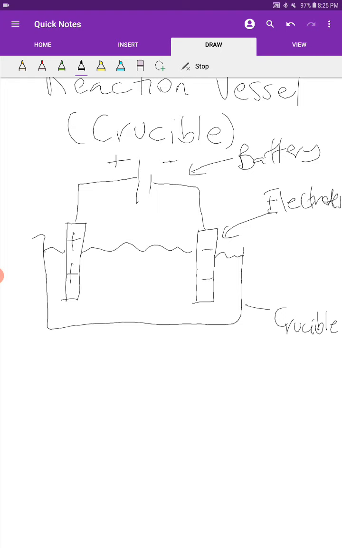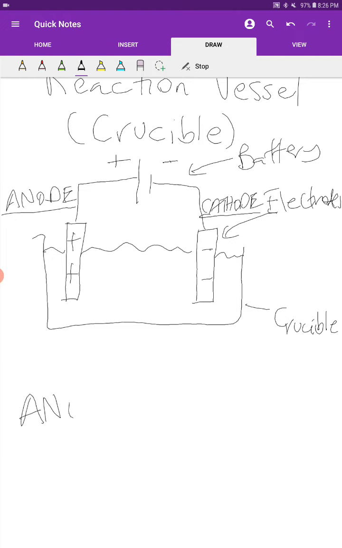The positive electrode has a special name. It's called the anode, and the negative electrode is called the cathode. Alright, so each electrode has its own special name.